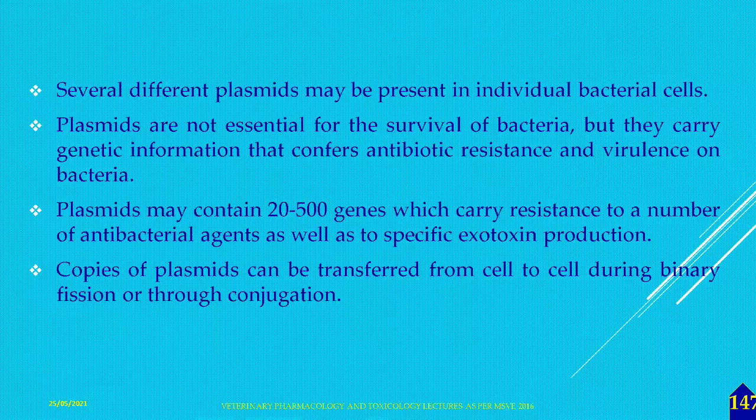Bacteria produce two types of toxin, endotoxin and exotoxin. Endotoxin is usually produced by the outer membrane, whereas plasmids produce the exotoxins. Copies of the plasmids are transferred from one cell to another during binary fission and through conjugation.